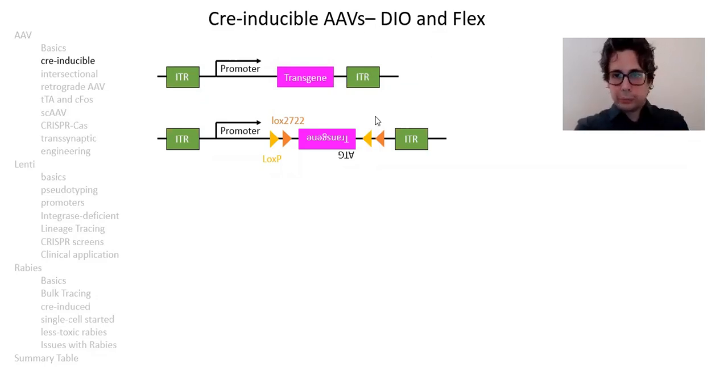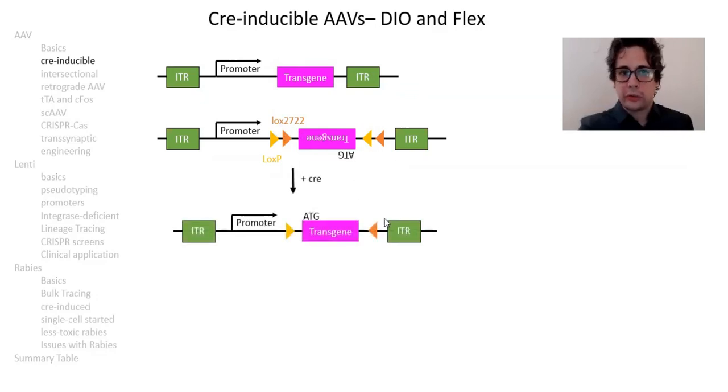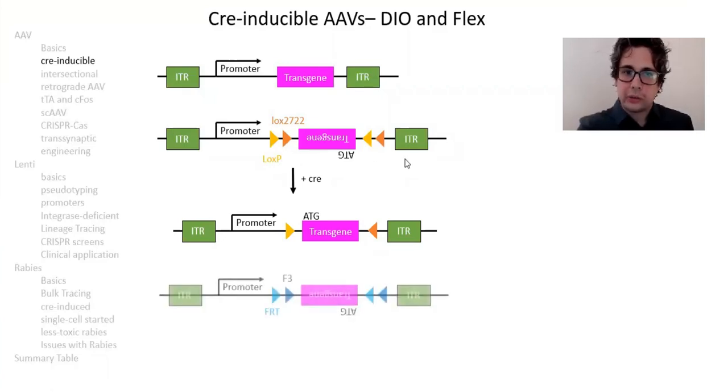You should look it up if you plan on using Cre-inducible things, because this is really the most effective and leakless way to induce Cre-dependent activity, where you have incompatible Cre sites and a construct that's in the reverse complement orientation that in the presence of Cre gets put in the right orientation. This is not entirely leakless though, because you do get some transcription and translation from the ITR, which often acts as a minimal promoter. You could also do this with other recombinases like the FLP recombinase and these FRT sites here. That's not nearly as common or necessary though.